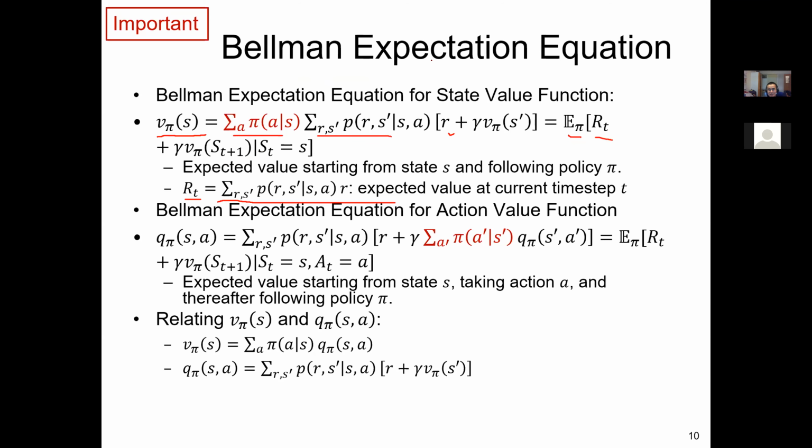So it's expectation over pi, the big RT, current reward at time step t, plus the gamma discount factor times the v pi of the next state, S t plus 1. So the big S is a random variable with probability distribution. Small s is a particular state.